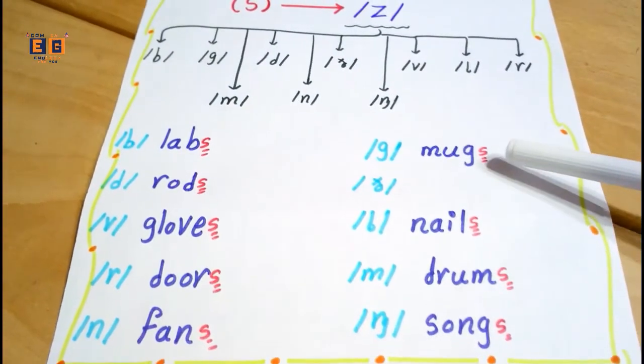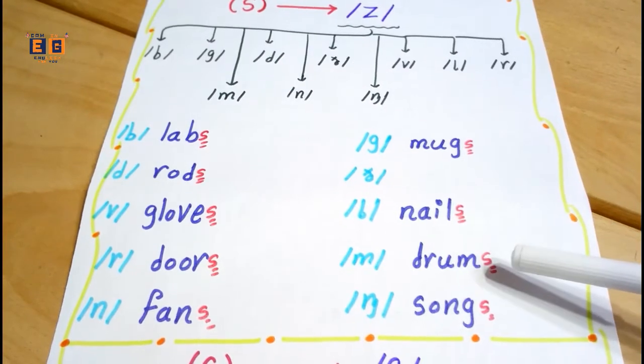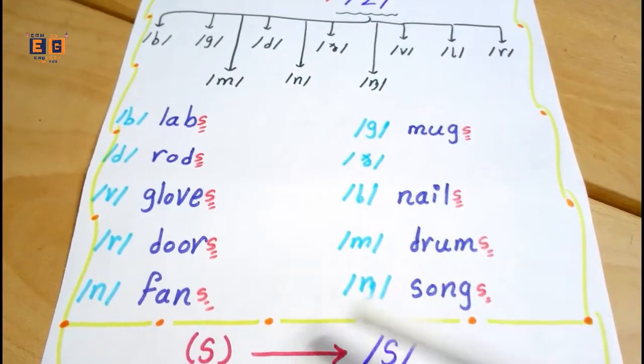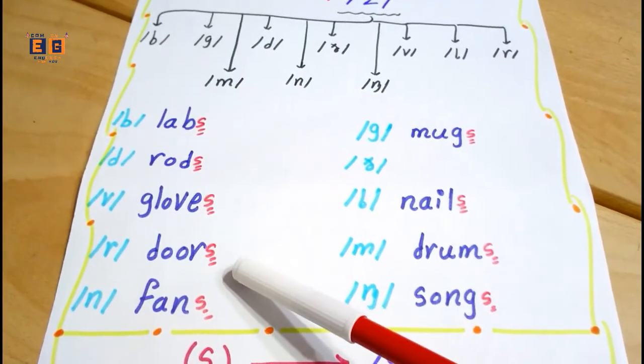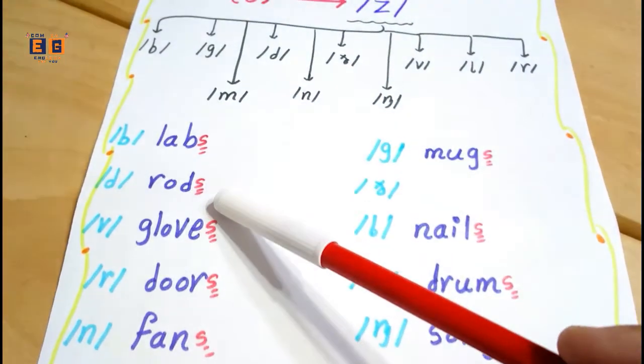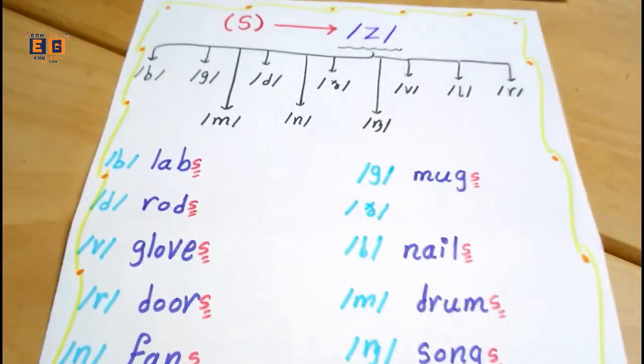Let's go. Mugs, nails, drums, songs, fans, doors, gloves, rods, and labs.